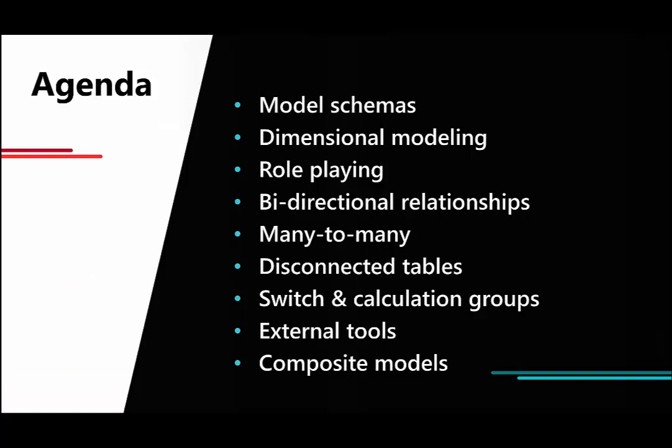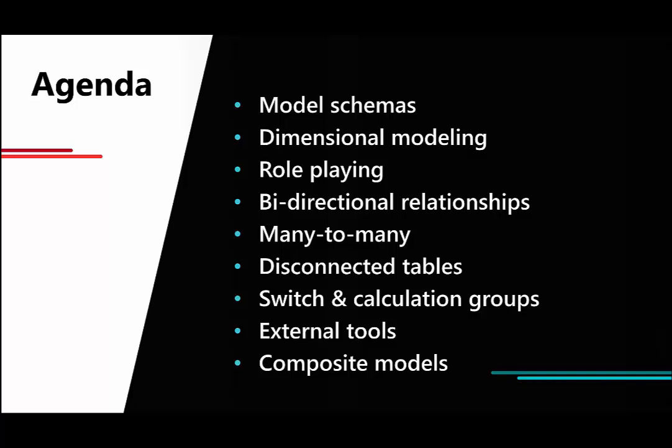All right, but this is what we're going to talk about during this 75-minute session. We'll start with modeling schemas, different ways that you can approach crafting data into a model through different schema approaches, depending on your needs. But then we're going to focus on dimensional modeling, and we'll talk about where that came from, why it exists, why it's important, and the tenets of dimensional modeling, when you can kind of bend those rules a little bit and when it makes sense to strictly adhere to the tenets and the rules and the patterns of dimensional modeling.